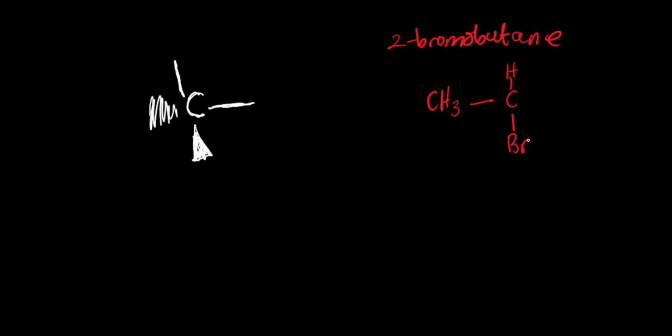So it's used for drawing a three-dimensional molecule onto a two-dimensional surface as we have it here. Now back to our molecule of discussion, which is 2-bromobutane. We drew it earlier as we have our methyl group here, we have our carbon, we have hydrogen here, we have the bromine, and here we have ethyl.